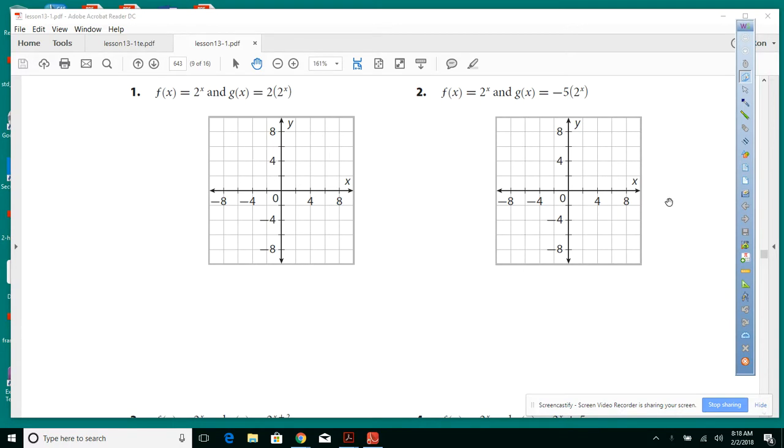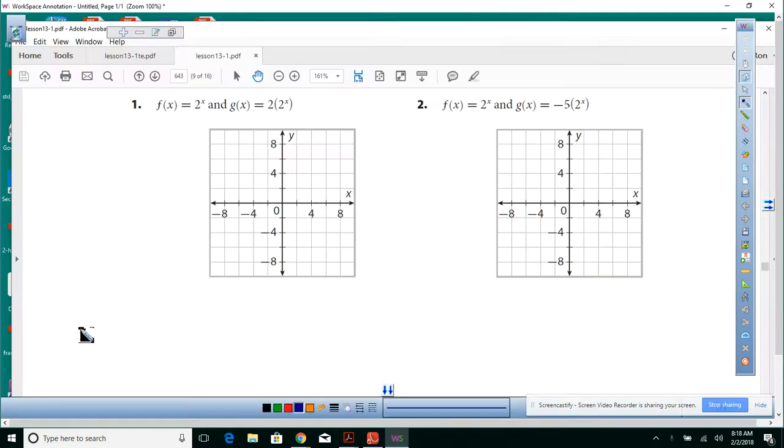Now, what we need to remember is the transformation equation. So g of x equals a times b to the x minus h plus k. What does a do?